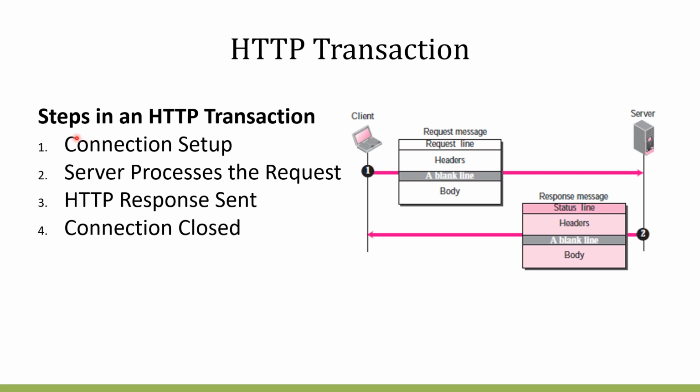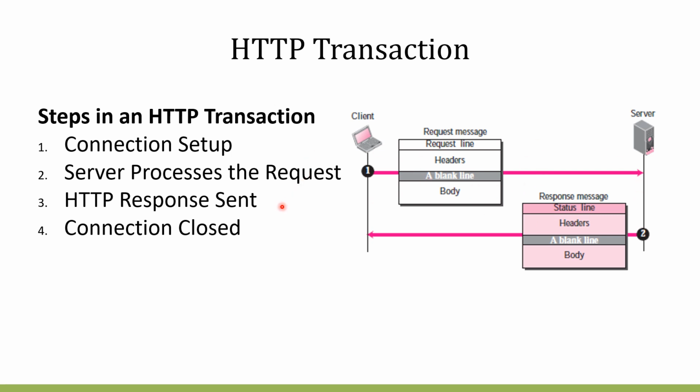The steps involved in the HTTP transactions are: Connection setup. The client establishes a TCP connection with the server using port number 80 for HTTP or port number 443 for HTTPS. The client sends the HTTP request over the established TCP connection.